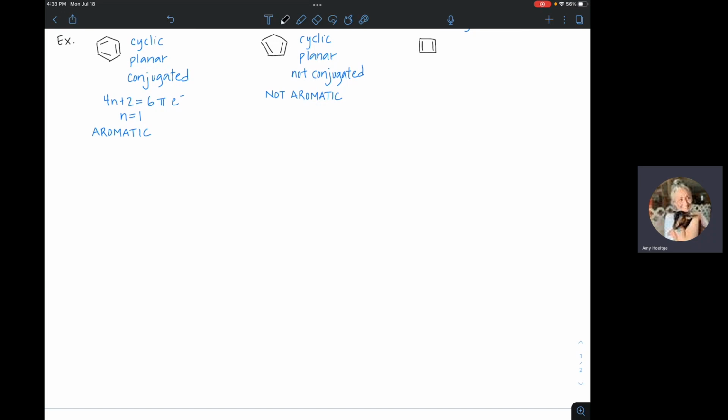Something like this, where you have a ring, so it is cyclic. It's flat, so this is planar. But here's the thing. It's conjugated, right? So you can zip these electrons around the ring.